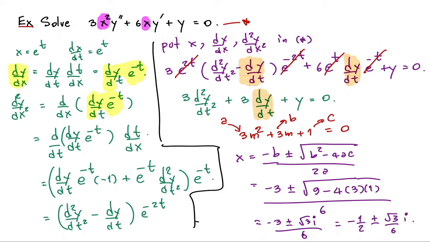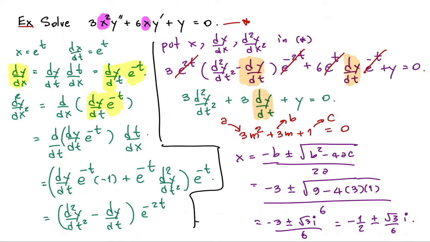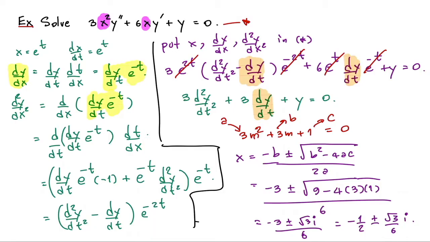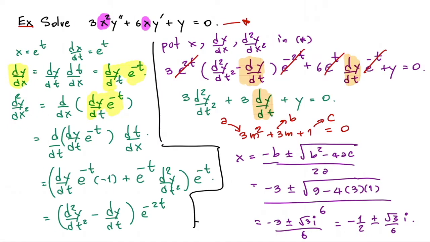So we basically have two complex roots, which means that our solution would be y equals c1 e to the minus 1/2, right? So it's c1 e to the minus 1/2 t. Guys, right now it's not x, so I shouldn't write x here.